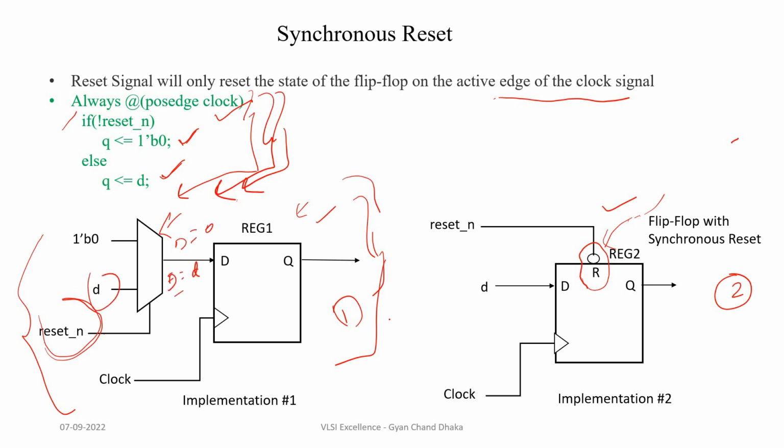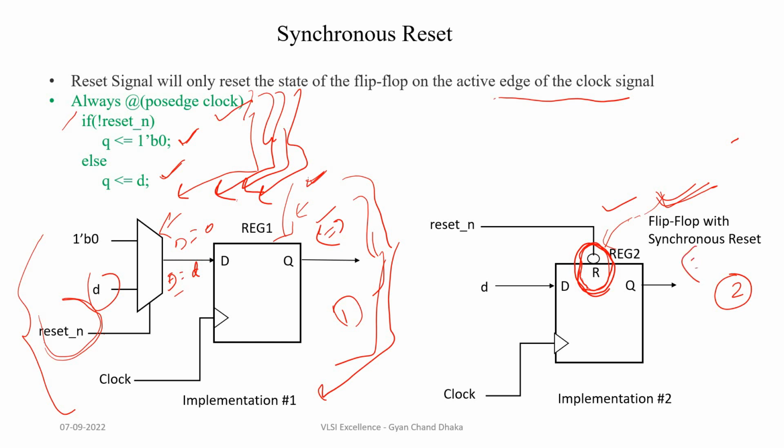This circuit realization will happen if we do not have a synchronous reset flip-flop in our standard cell library, or if we are not going to use that flip-flop and we are going to use a simple flip-flop in our design. Otherwise, if the synchronous reset flip-flop is present in our standard cell library and we want to make use of it, then this Verilog HDL code will get realized into a circuit something like this.